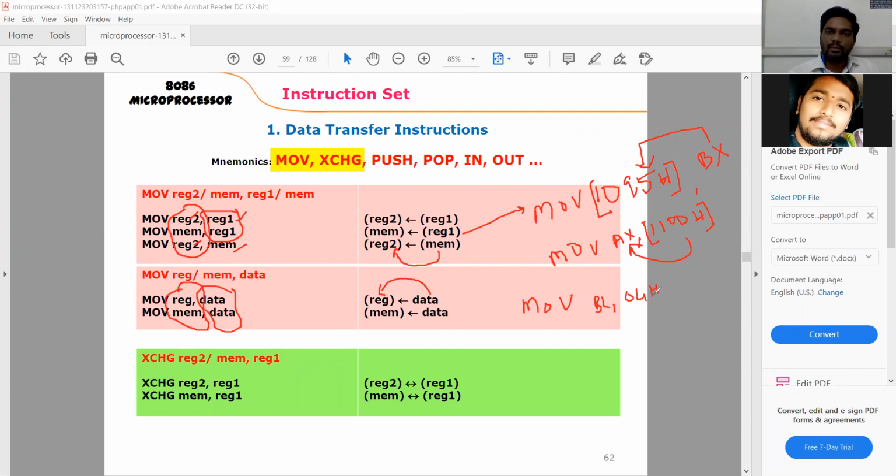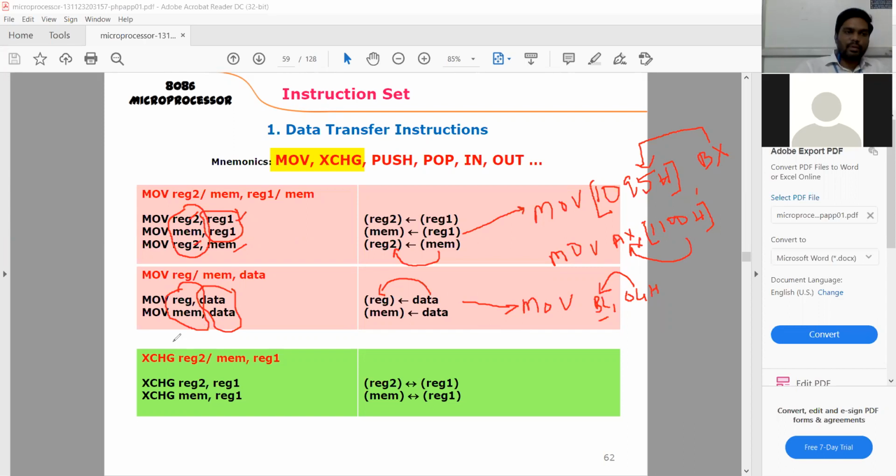Here we will not specify any braces around this data because it is data. We are directly moving 04H into the BL register. Whatever contents are there in the BL register will be replaced by 04H.